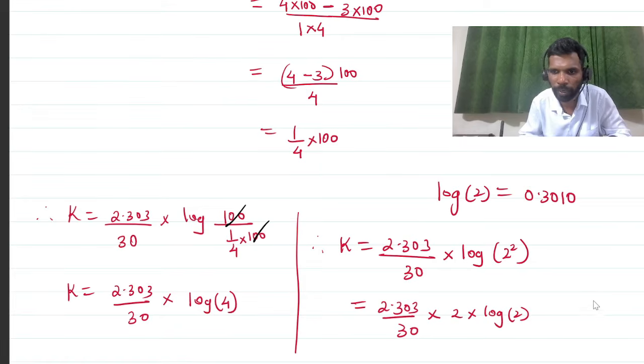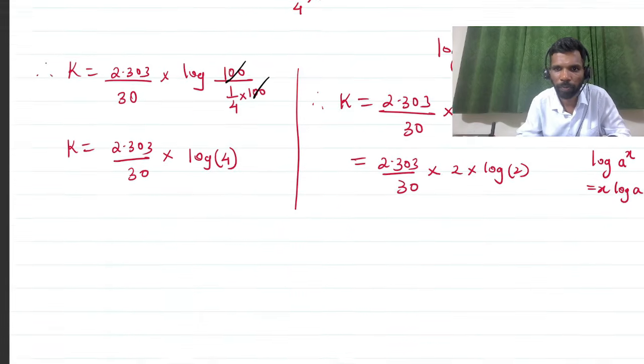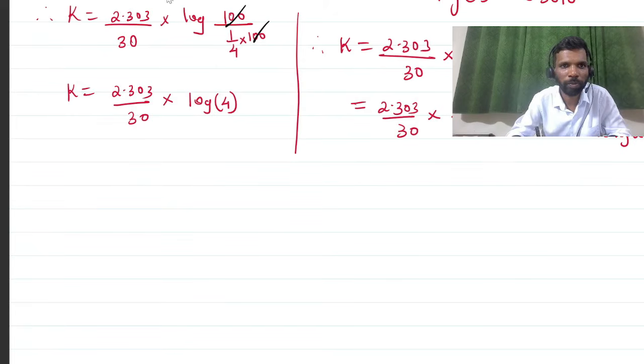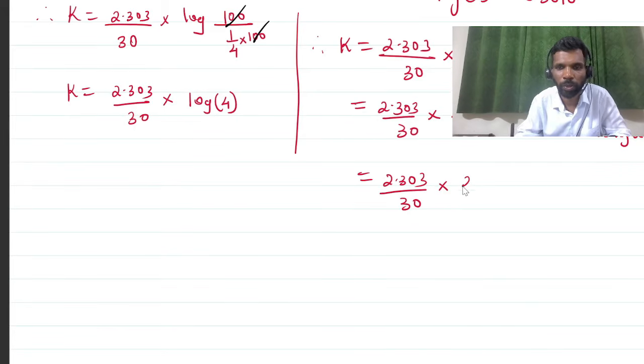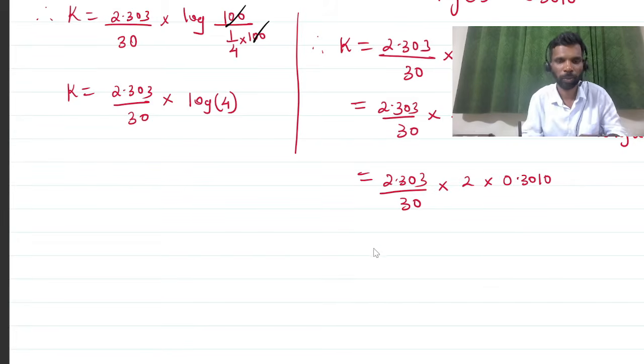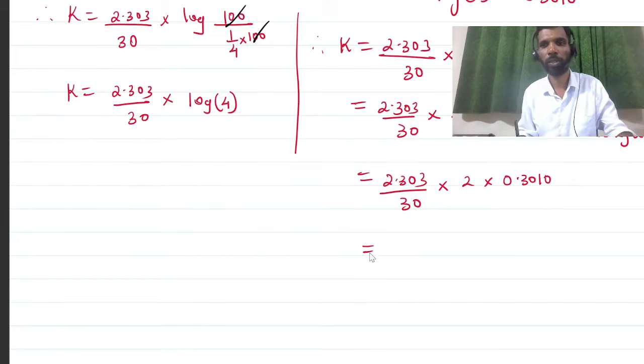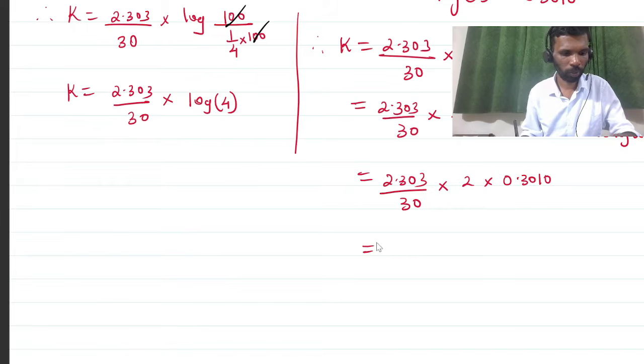There is an identity. Log of a raised to x could be also written as x log of a, right? So based on that identity, I am writing this. So therefore, this will be is equal to what? 2.303 divided by 30 into 2 into 0.3010.